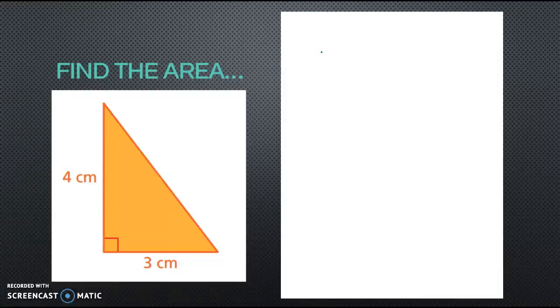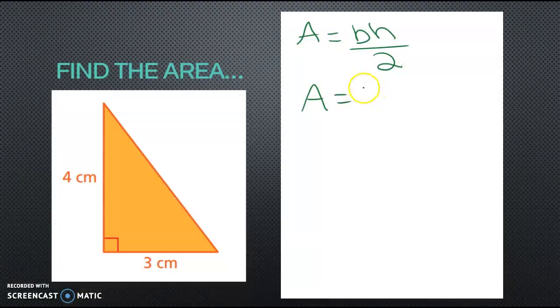So this one is asking us to find the area of this triangle. We know that our formula is area equals base times height over 2. So if we were to use that here, our base is 3. Our height is 4, and we still have to do over 2.